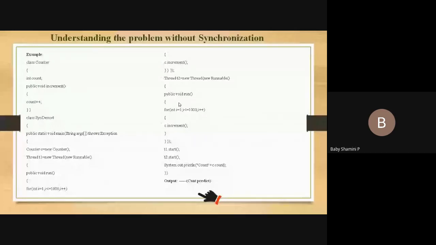Again inside we have a for loop, and inside we have an increment function. The first thread increments count up to 1000, and the second thread increments the count from 1001 to 2000. So our output is 2000, isn't it? We will check whether we get 2000 or not.